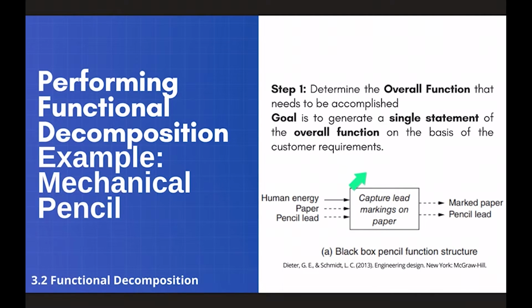As you can see here, there is human energy, and then there is a paper and pencil lead, and in the end the paper will be marked by the pencil lead. So capture lead markings on paper. This is the overall function.